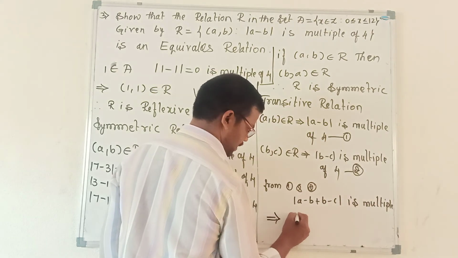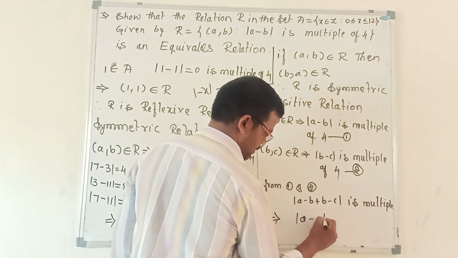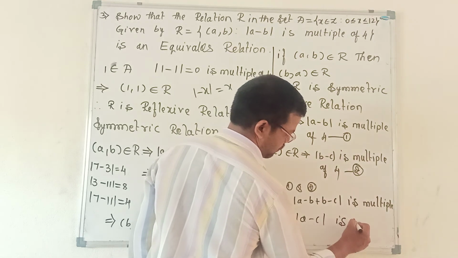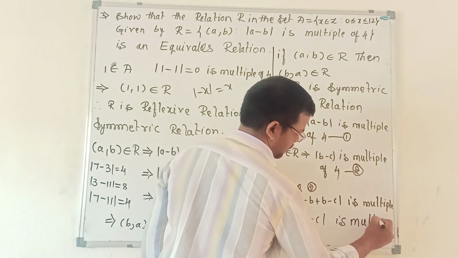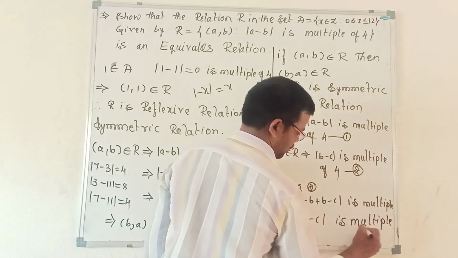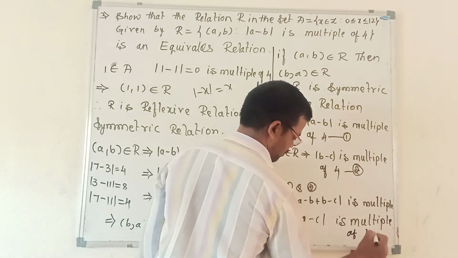It implies that mod A minus C is a multiple of 4.